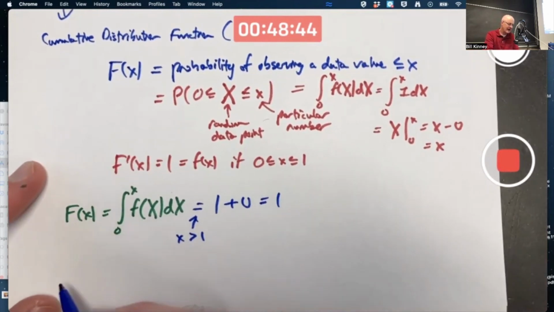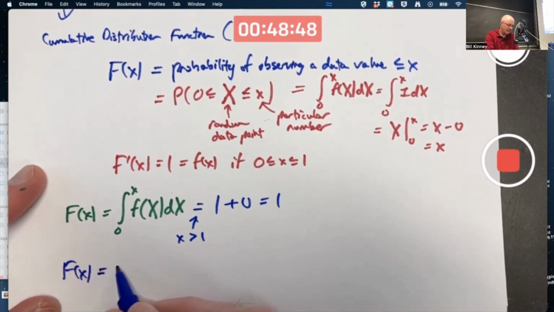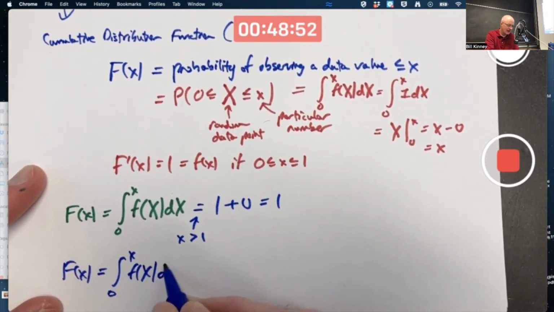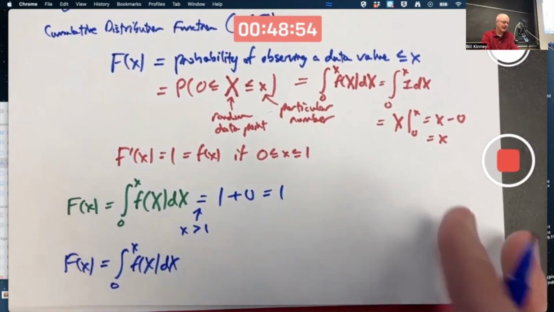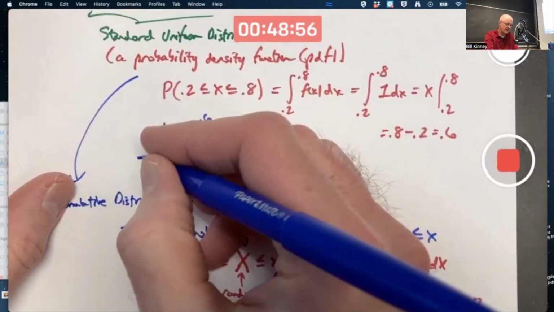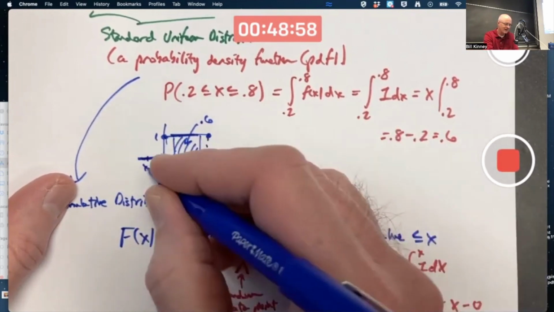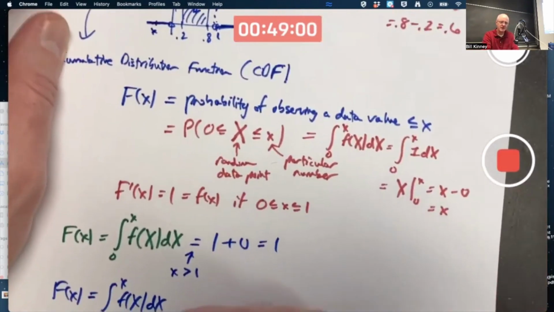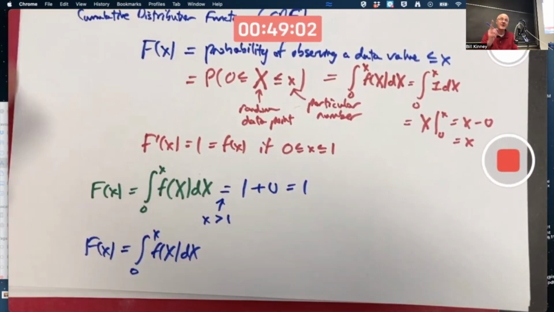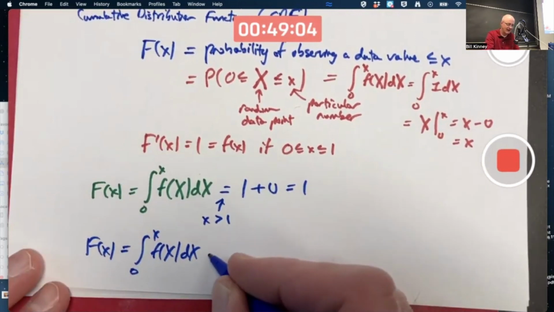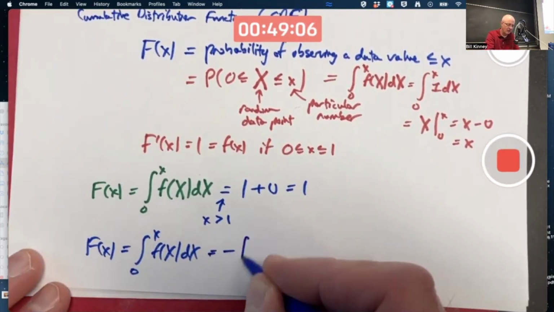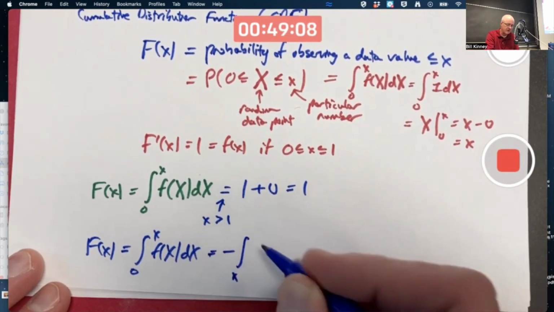What about if little x is less than 0? Negative. In this picture, what if little x is over here? That's kind of weird. I'm integrating from 0 to little x where x is negative, but we did talk about this last time. I could think of it as the opposite of the integral where I switch the limits of integration around.